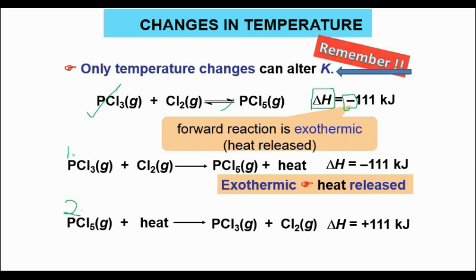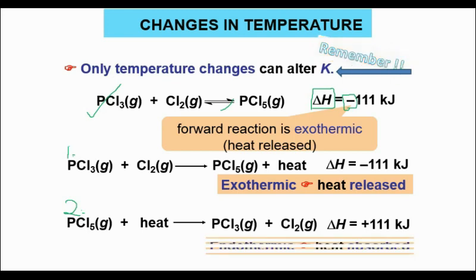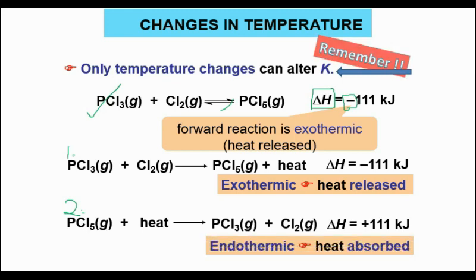As we go to the second equation, which is the reverse reaction, PCl5 now forms PCl3 and Cl2. The reverse reaction is an endothermic reaction, indicated by delta H here, or the reverse reaction will need heat to do the reaction.